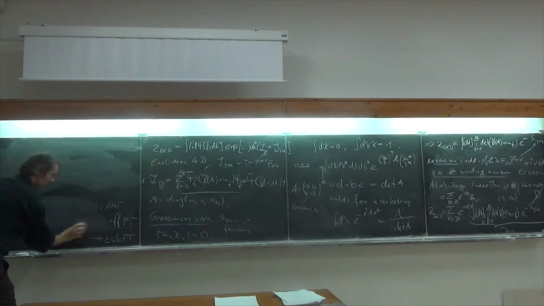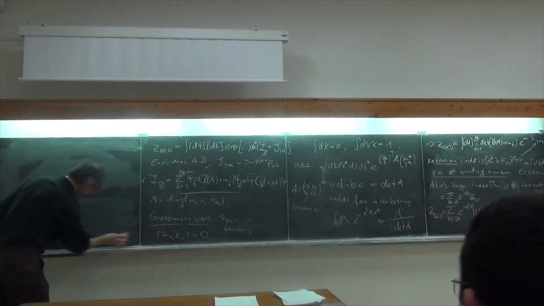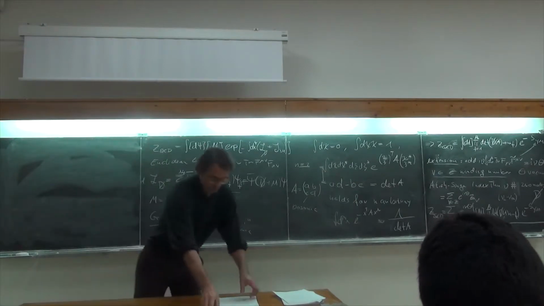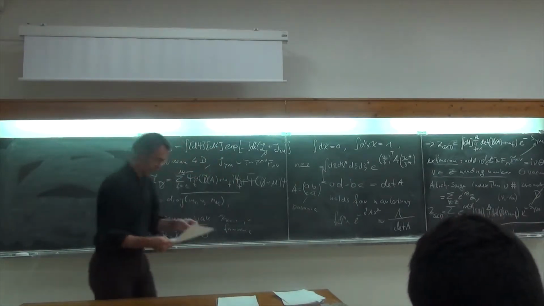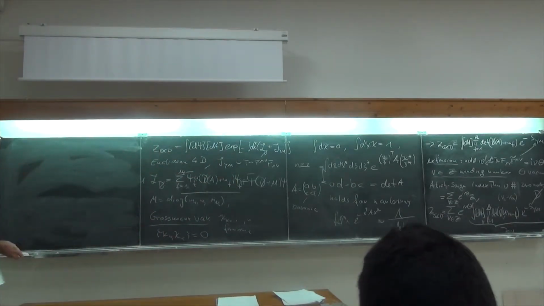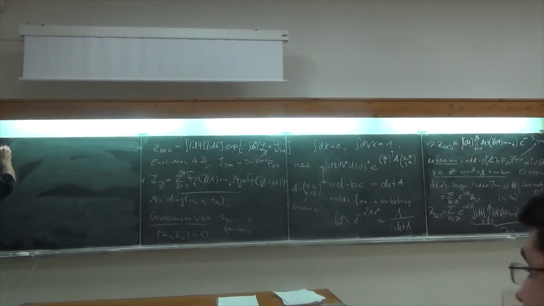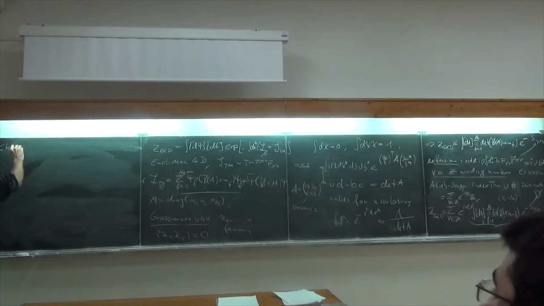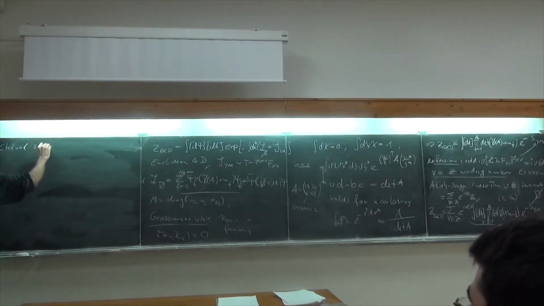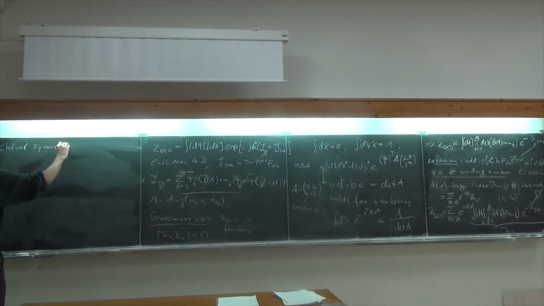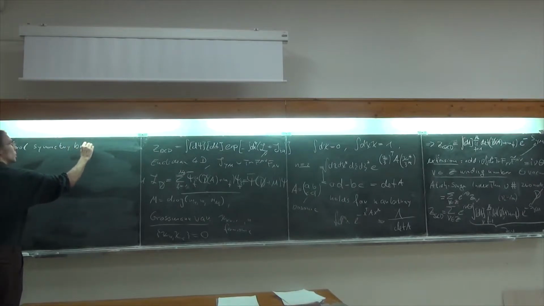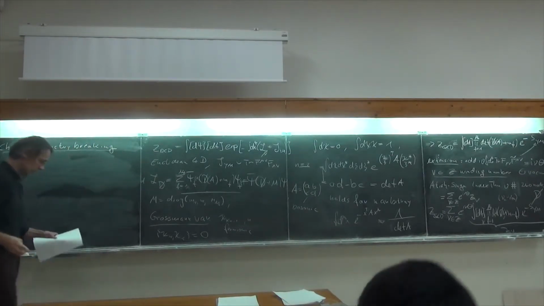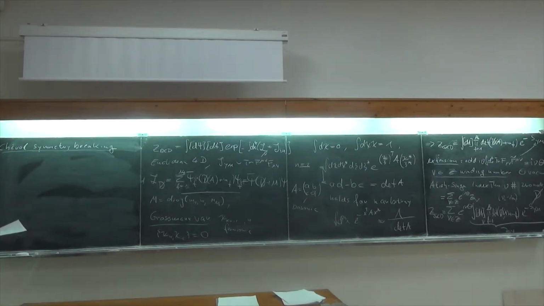So far, we have not done anything related to random matrices. Another topic that we will need is chiral symmetry breaking. I'm sure you have seen that in your quantum field theory lecture, but it's good to remind ourselves.